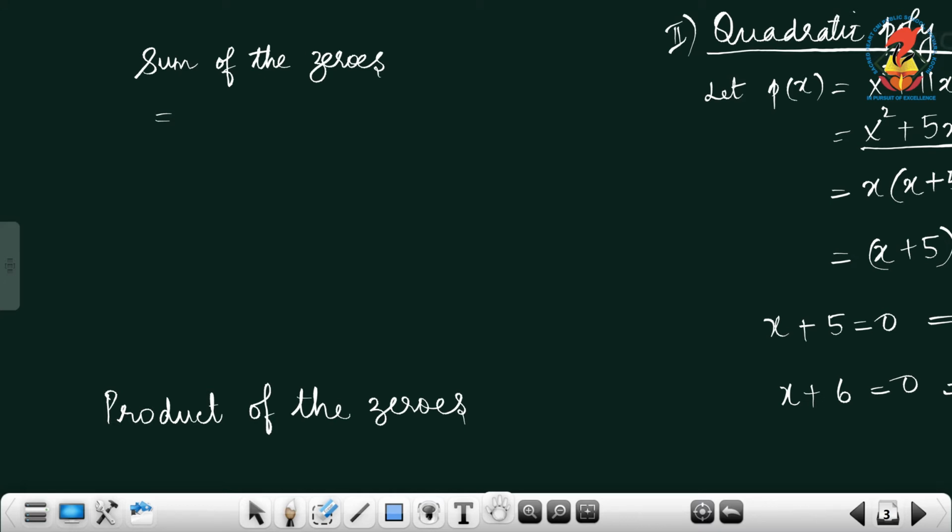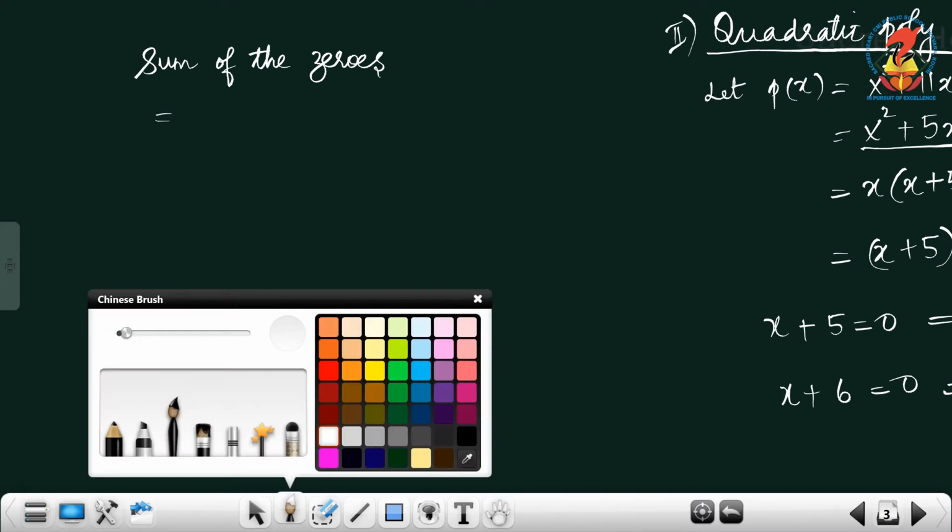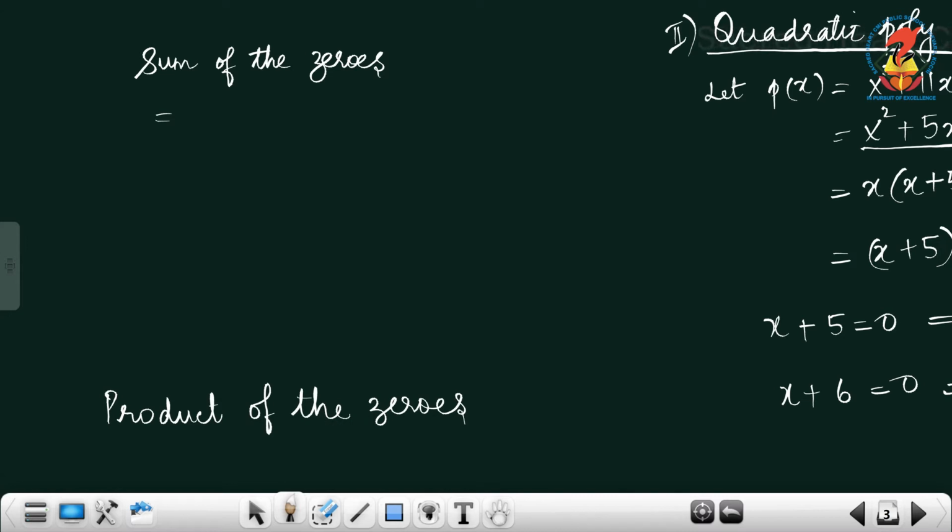So, I got two zeros, negative 5 and negative 6. I am going to find the sum of the zeros. What will be negative 5 plus negative 6 equals? It will be negative 11. This is the same as negative 11 by 1.